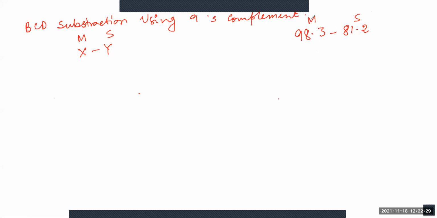The first rule for BCD subtraction using 9's complement is to take the 9's complement of the subtrahend. What is the subtrahend here?